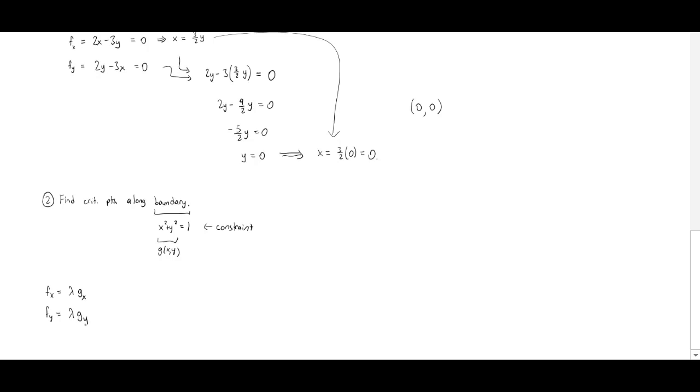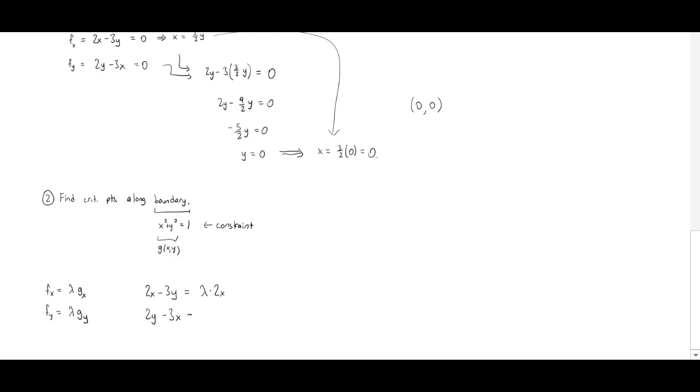I computed fx and fy earlier, so I'm just going to copy those down. Now we want to set fx equal to lambda times gx, which would be 2x, and similarly lambda times gy, which would be 2y.